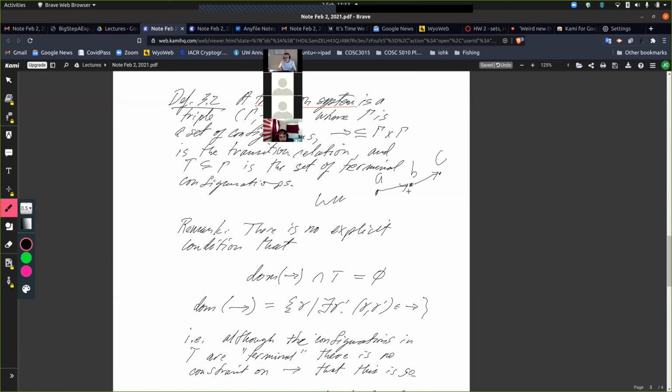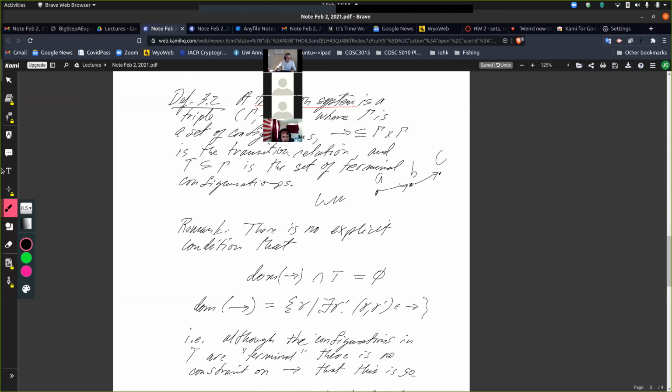It's kind of an odd thing, because T isn't really terminal in the sense that we want. If you were in state B, you could go to state C.